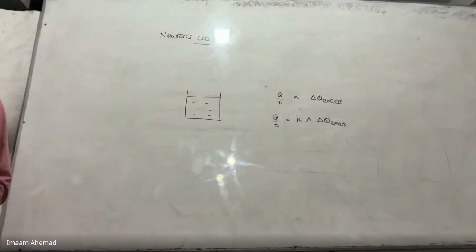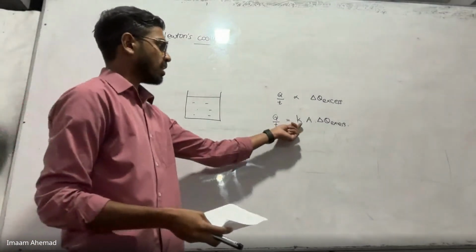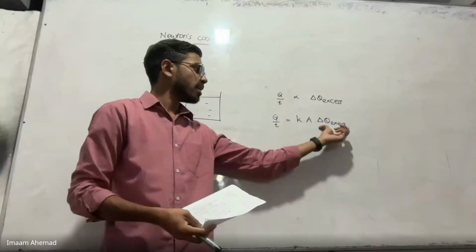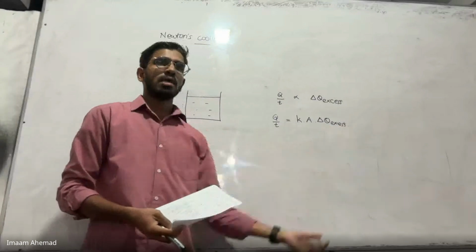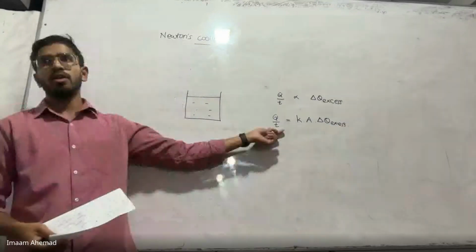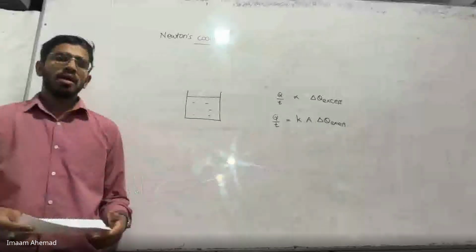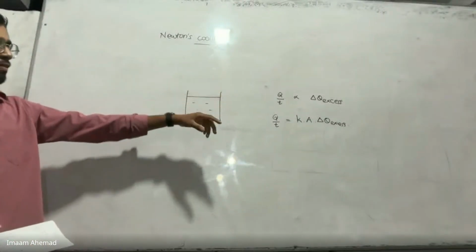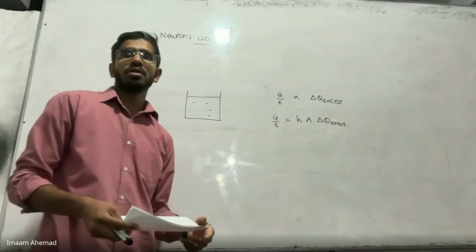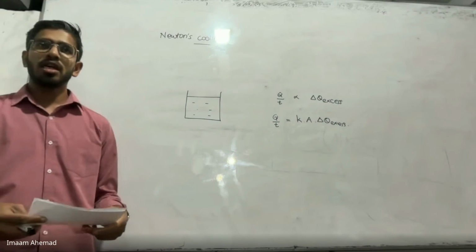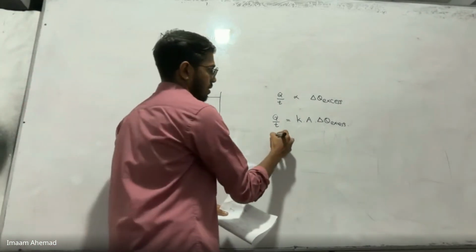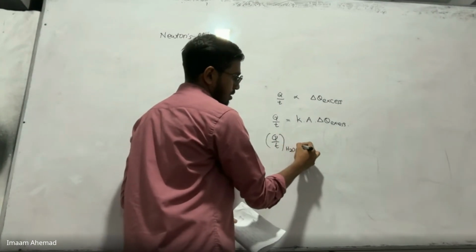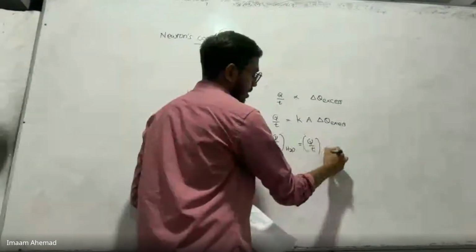Then when we have a system where K is the same, area is the same, and excess temperature is the same, then the rate of heat flow is the same. It doesn't matter if we use water or another liquid. If these are maintained the same for both water and liquid, the rate of heat flow should be equal. So we know that Q over T for water is equal to Q over T for that liquid.